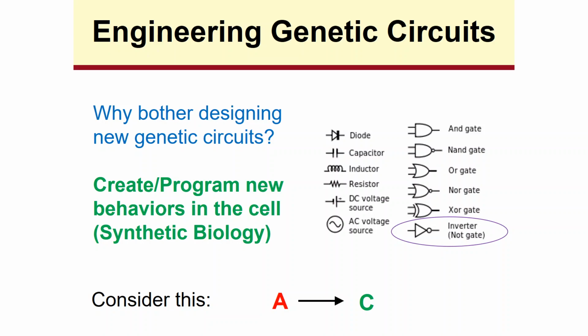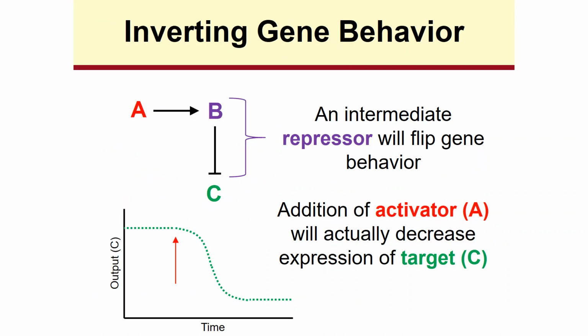Let's say we want to take that behavior and flip it on its head. We would need to include an inverter. So an inverter would change the gene's behavior. So instead of A leading to an increase of C, we would see that addition of activator A would actually decrease expression of the target gene C.